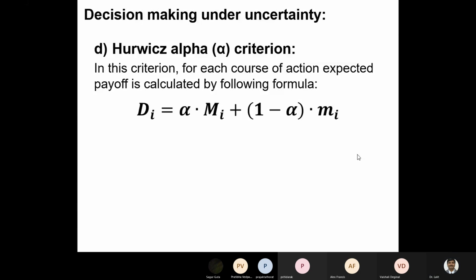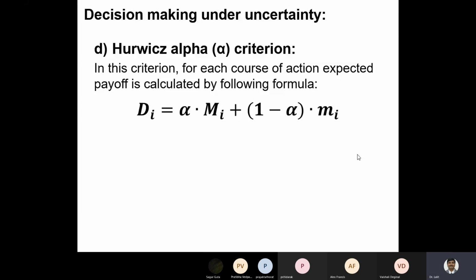So what do we do? We assign some degree of optimism, and that is denoted by alpha. Let alpha, the degree of optimism, be 0.6.